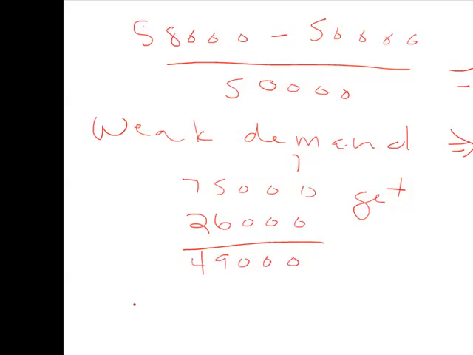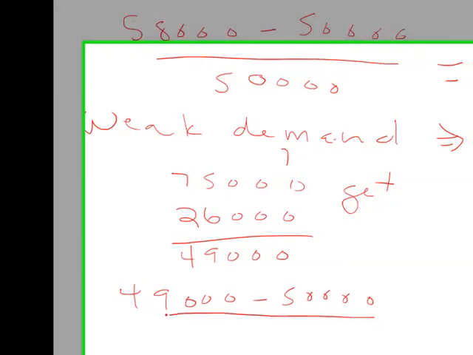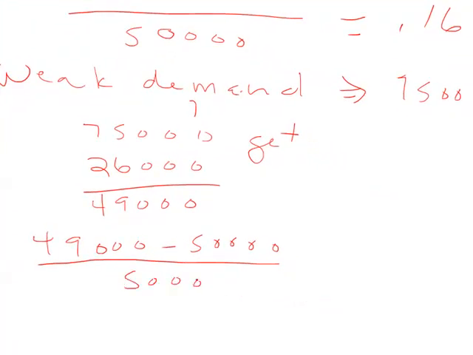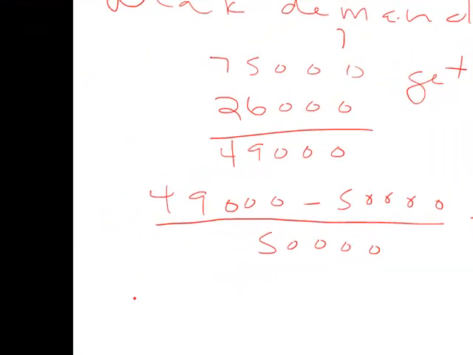Well, what's your return? $49,000 minus the $50,000 that you have to pay, divided by $50,000, you've got a negative $1,000 return. That, in dollars, that accounts to a negative 2% return when put into percentage terms.